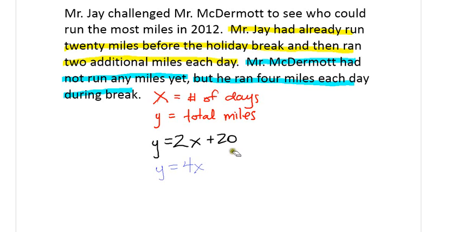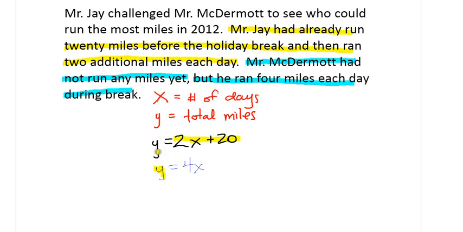So here I have the two equations. Mr. J says y is equal to 2x plus 20, Mr. McDermott says y is equal to 4x. Now, like we did before, if I know that y is equal to 2x plus 20 here, then I know that in the second equation, whatever is up here can be substituted for the y value down below.